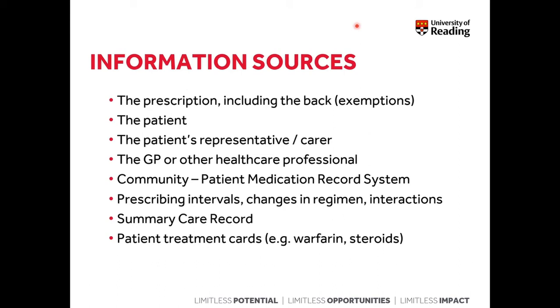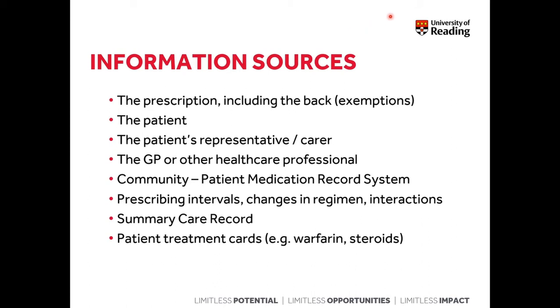But then you've got information on the back of the prescription as well, which includes exemptions. So if they're over 60, it'll be listed as an exemption because they get medication for free. Or if someone's pregnant, you can get that information from the back of the prescription as well. So you might need to make a decision on what they can take in pregnancy.